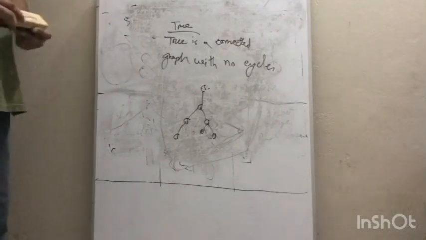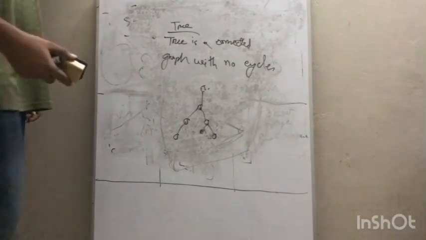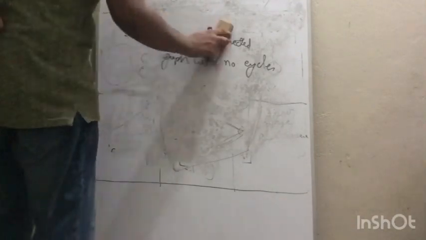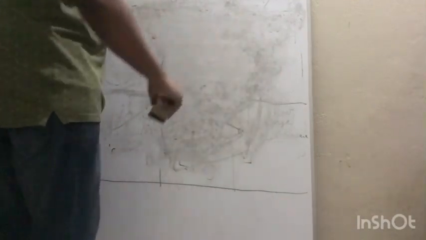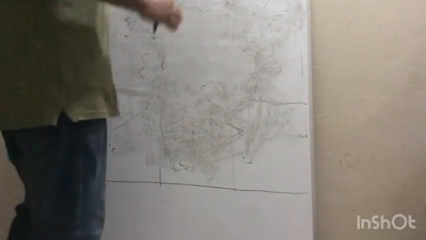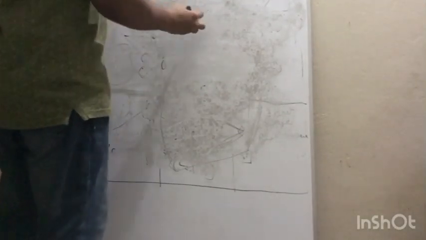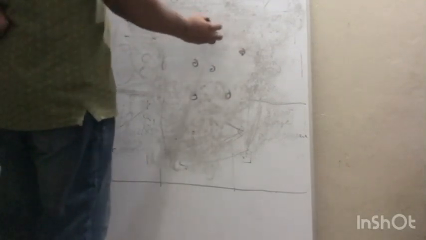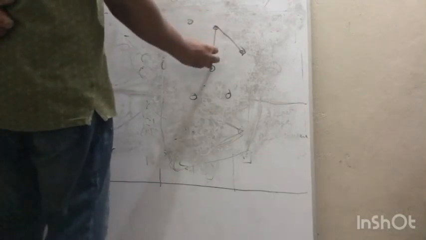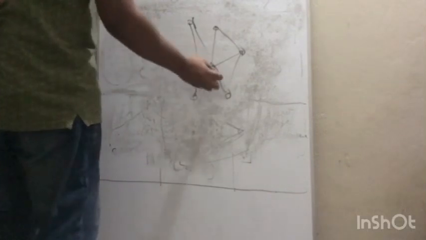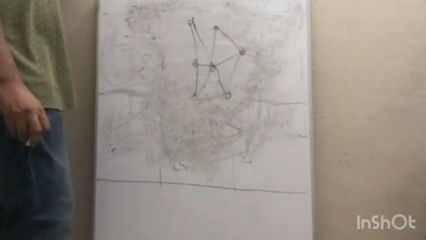Spanning tree. Let's create a spanning tree. A spanning tree is a connected spanning subgraph that is a tree. So how to create a spanning tree? Like this is a graph.